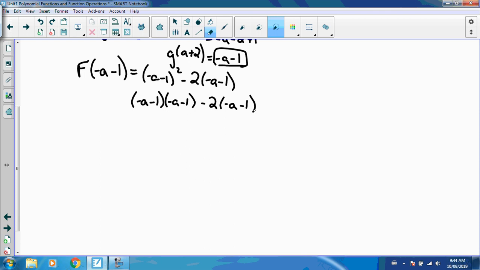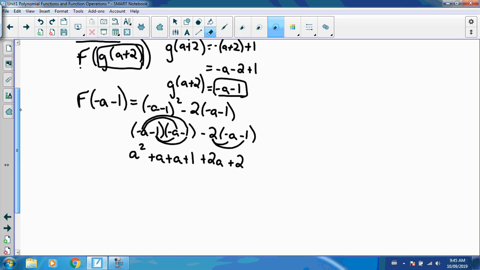So we've got lots of negatives to watch here. Negative a times negative a is positive a squared. Negative a times negative 1 is plus a, plus another a, plus 1. And here, negative 2 times negative a is plus 2a. And negative 2 times negative 1 is plus 2.